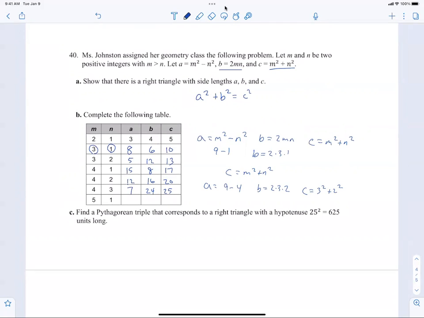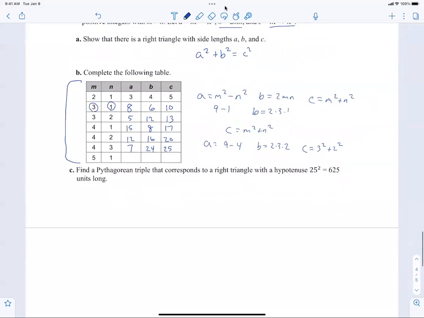So that was just kind of plugging the numbers in for the table, right? All right, now let's see what C says. Find the triple. Oh, and by the way, does everybody see this is how they're finding the triples, right? 3, 4, 5, right? 6, 8, 10 is a multiple of 3, 4, 5, but 5, 12, 13, 8, 15, 17, 7, 24, 25.